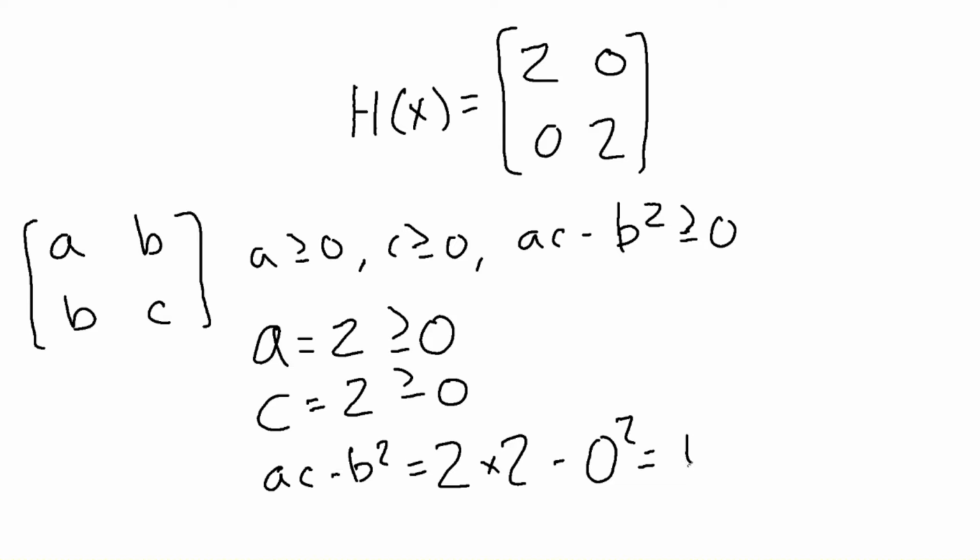So that's 4. That's non-negative. So our three conditions for our matrix to be positive semi-definite are satisfied. Therefore, the Hessian of x is PSD everywhere.